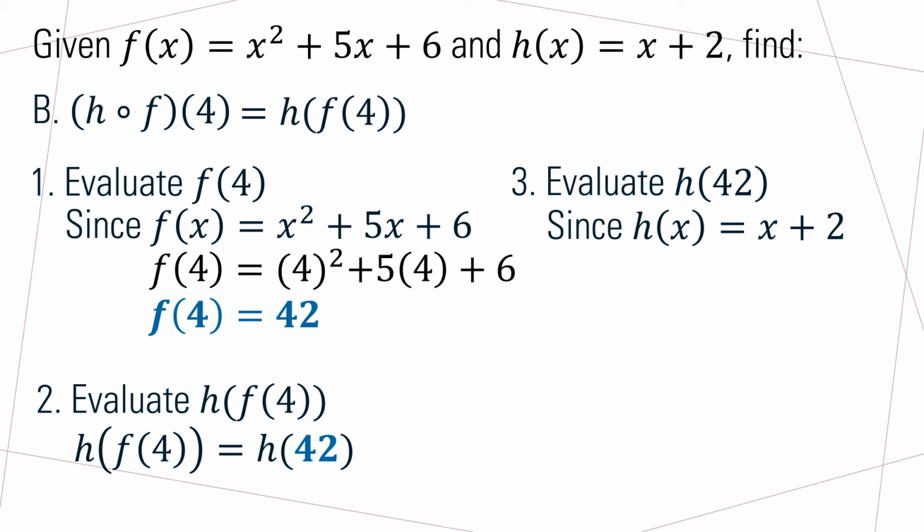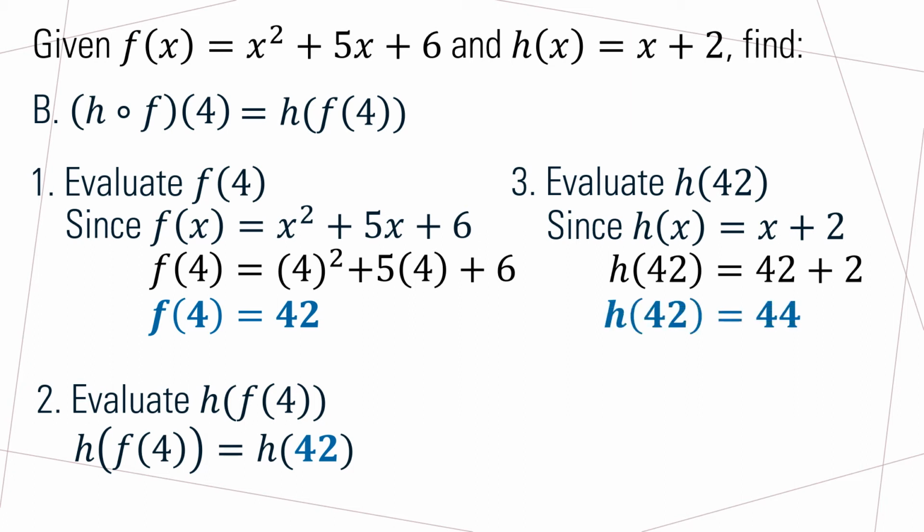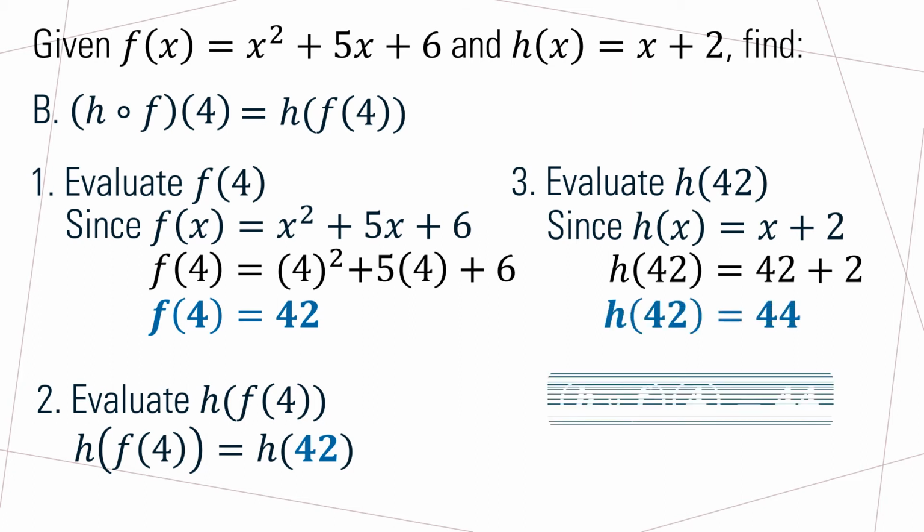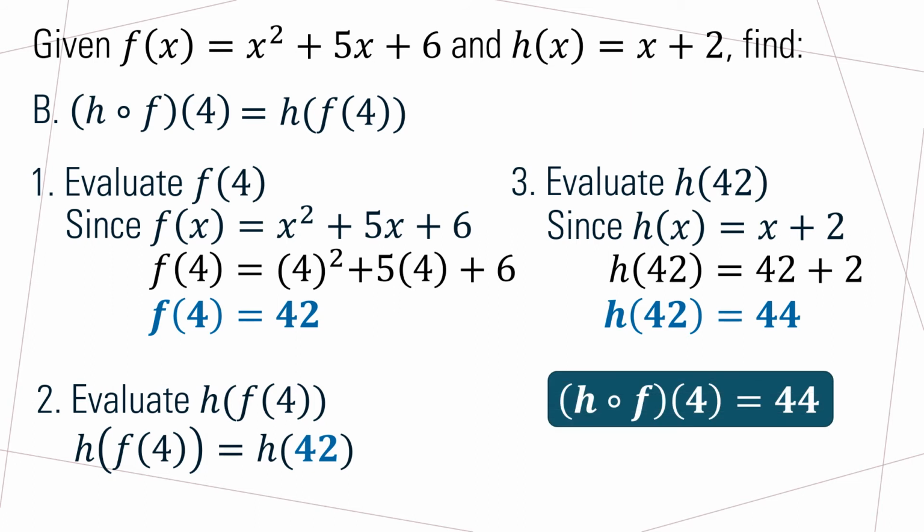Replacing x by 42, we will have h of 42 is equal to 42 plus 2. And simplifying it, our value now is 44. And our final answer is h of f of 4 is equal to 44.